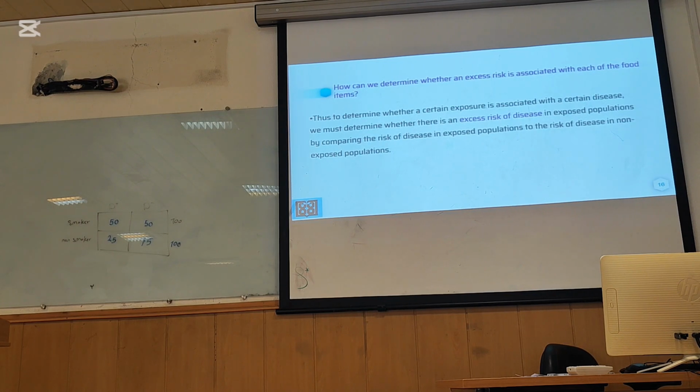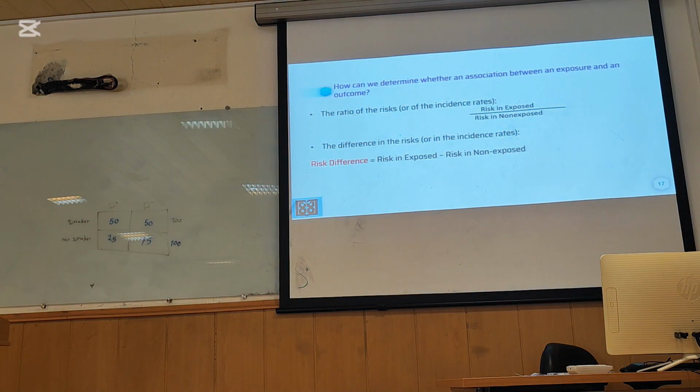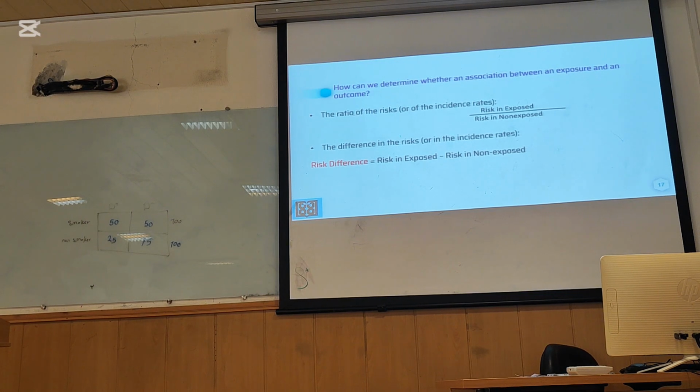I was saying that the question is, what is the best approach to assess an association between two factors? Okay? When we want to assess an association between two factors, the best approach is to compare two measures. Yes? And we can adopt two approaches for calculating measures of association.